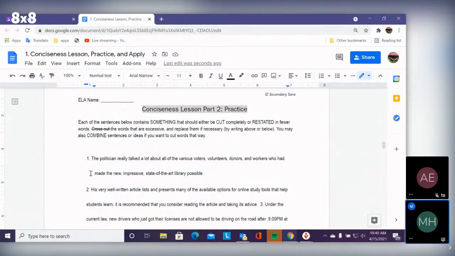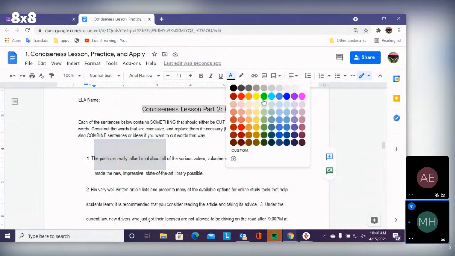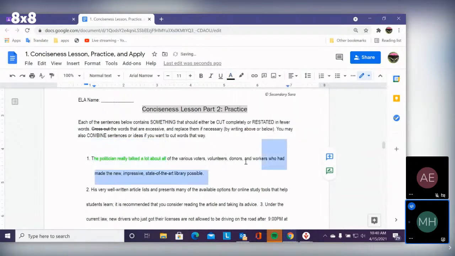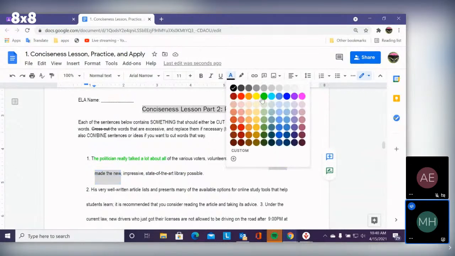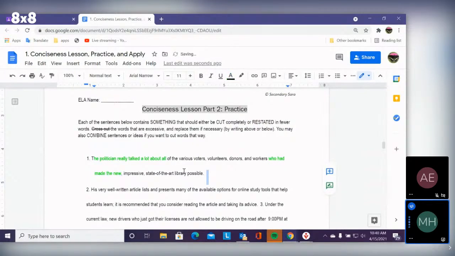So how about the politician talked about all. This is what I'm looking at anyway, as a way to shorten this. He talked about all who had made the library impressive, who had made the new library possible. All of that isn't necessary.